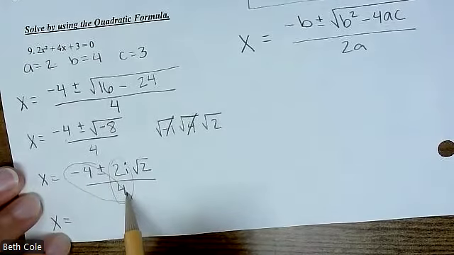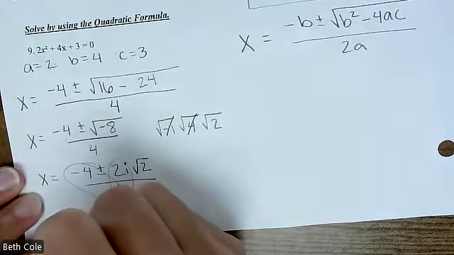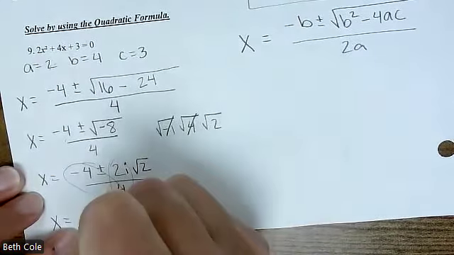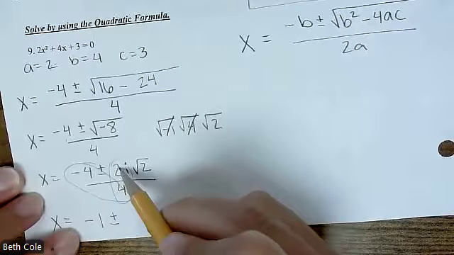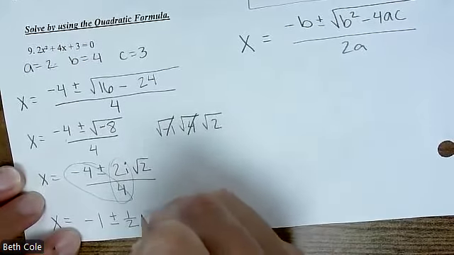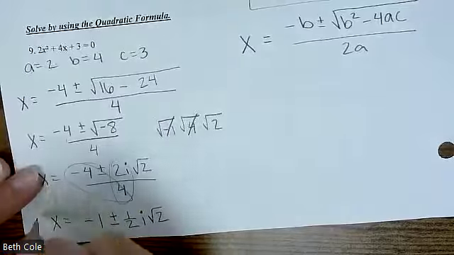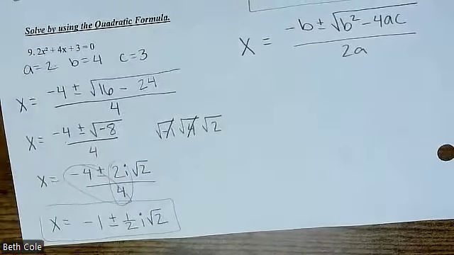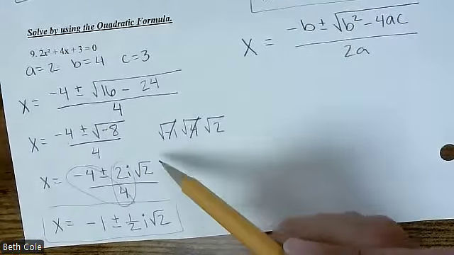So -4 divided by 4, -1, plus and minus. Now this would be 2/4, which would reduce to 1/2 I square root of 2, which is a great answer. Don't discriminate. So we don't do it to the root. No, you can never touch what's underneath the root. That's kind of stuck in there.